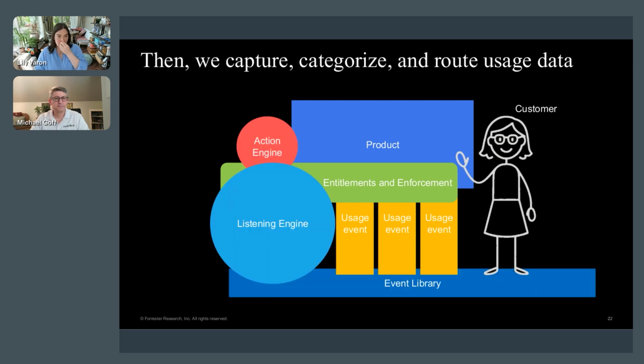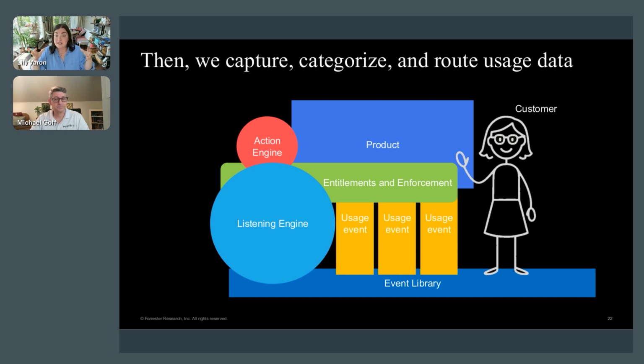Following that, we actually have a number of systems. You've got this raw data now, these usage events that you have to clean, make readable, route, compute, and take action on.